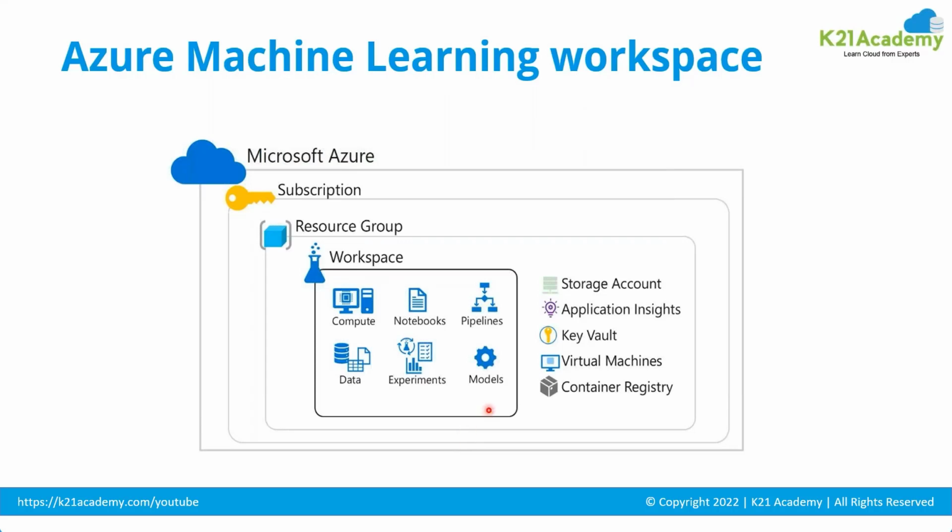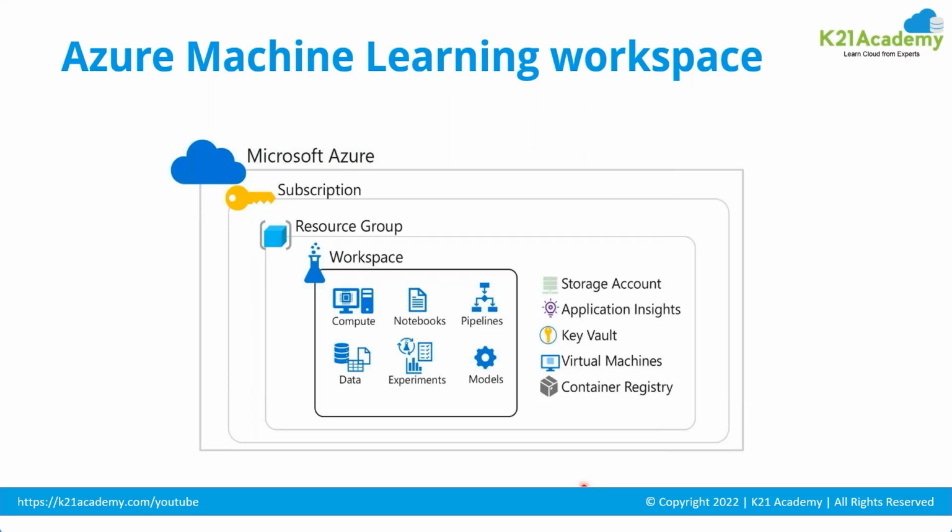Then we have pipelines. Once we go into our workspace, the workspace has all of these features, be it automated ML or pipelines, or the designer, which helps you to orchestrate your entire machine learning workflow. We have used all of that.